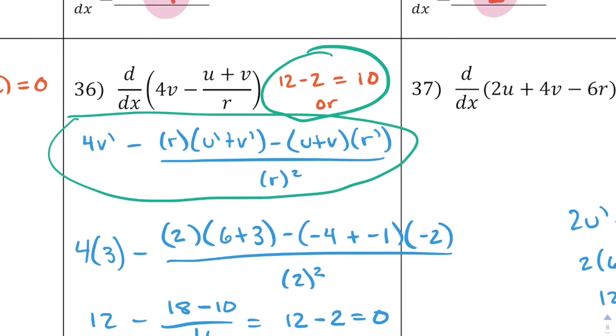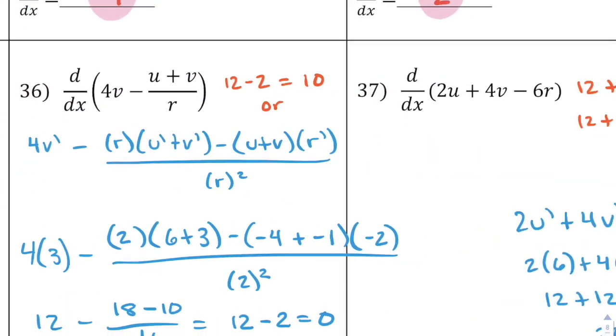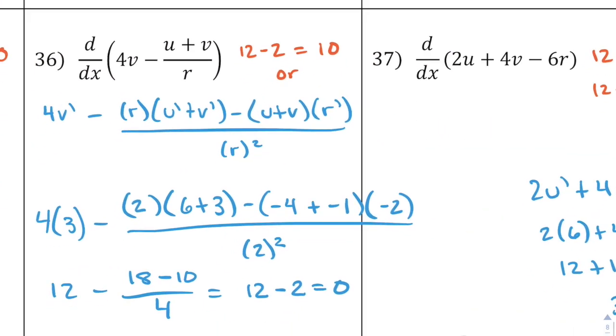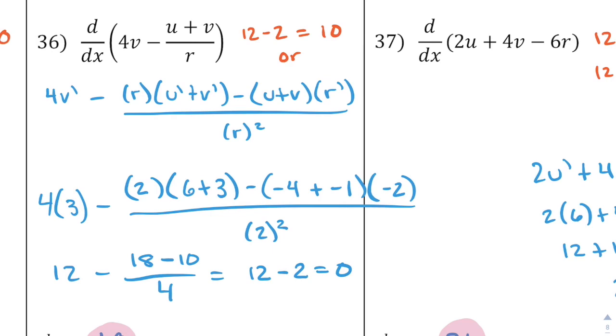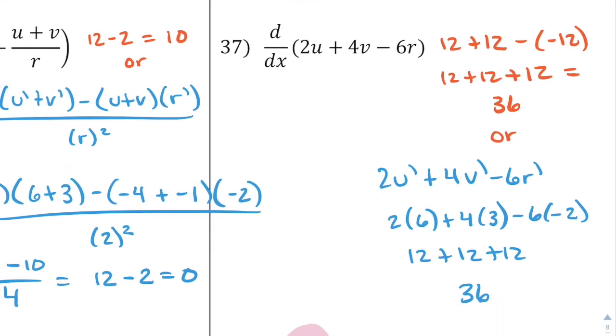Notice that's not the pattern I took for 4v. 4v is only done by finding the derivative of v and leaving 4 attached. Still giving me a result of 10. And the last one, combining all of them will give me 36. Or deriving each one separately and evaluating gives me 36.